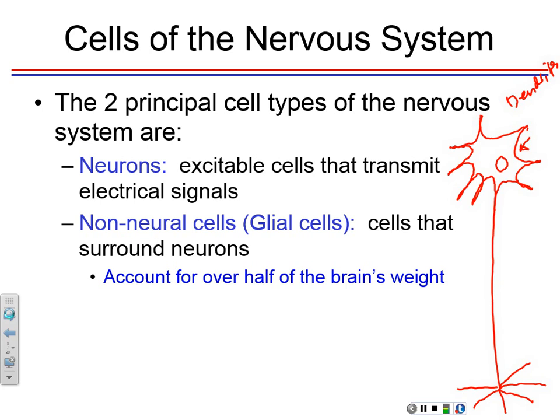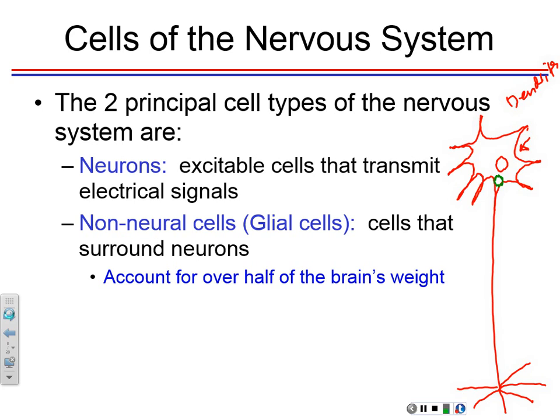And then all that information that has been passed by the dendrites to the cell body is gathered at a specific part here called the axon hillock, or sometimes called the trigger zone.